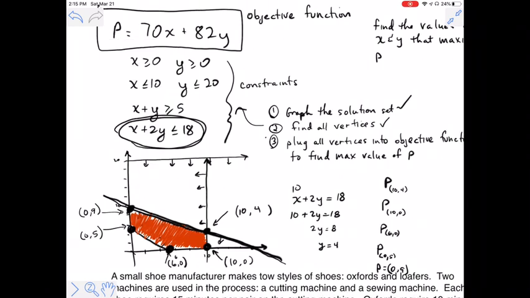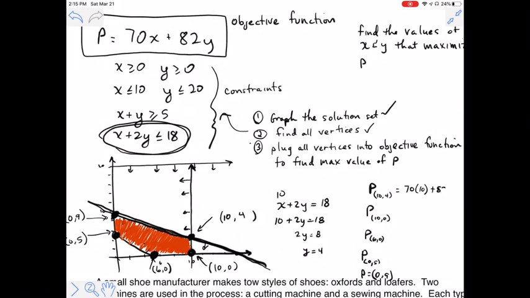Okay, and now all we do is plug in the x and y value there for this. So for 10, 4, it's 70 times 10 plus 82 times 4. For this one, it's 70 times 10 plus 82 times 0.